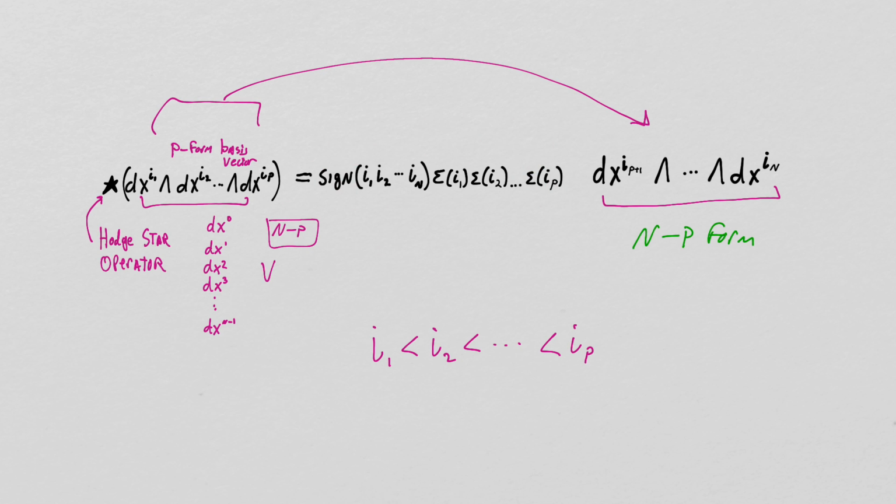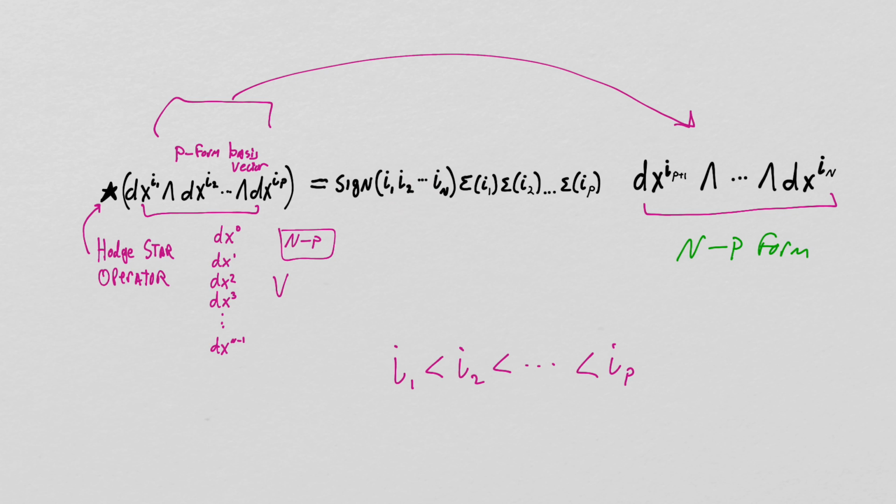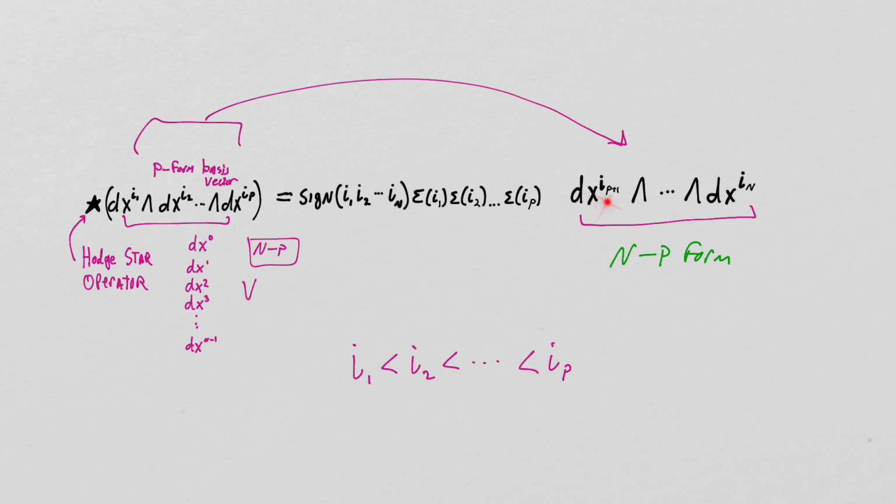And this comes in 2 parts, sort of the easy part and the more subtle part. The easy part is you just line up all the indices in the actual order that you laid them out in the formula. I1 through IP all go in the first P slots, and then IP plus 1 to IN goes in the remaining slots. So this expression here is actually sine I1, I2, ... to IP plus 1, ... to IN, right?